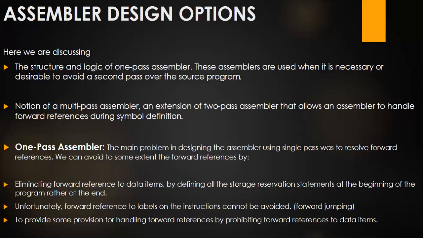In a single pass, if for every operand we mention, your assembler finds its original value, then no need to go for the second pass. The logic of working of this assembler is that we scan the complete program line by line.